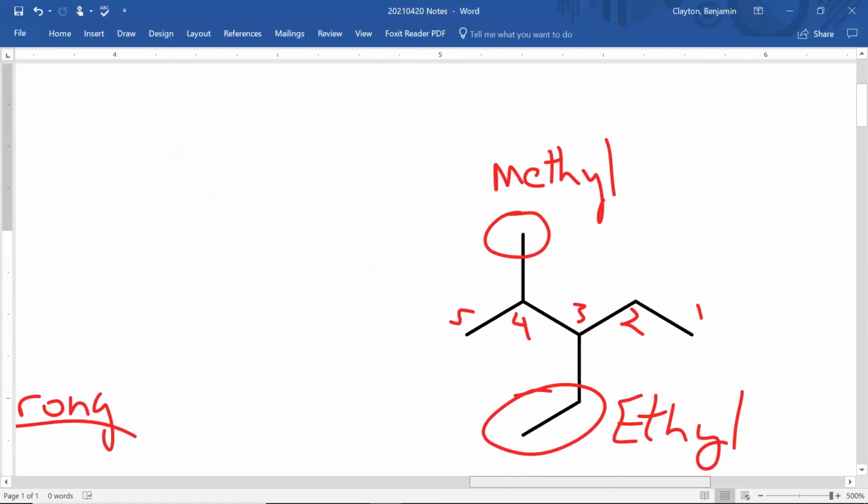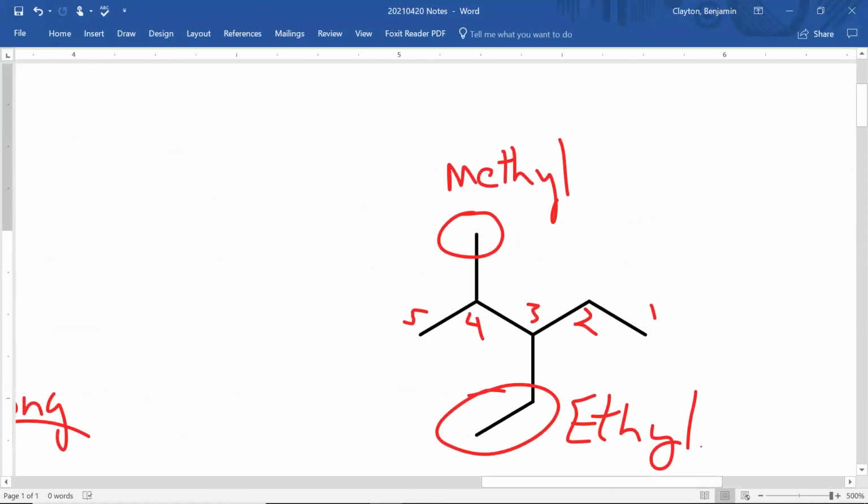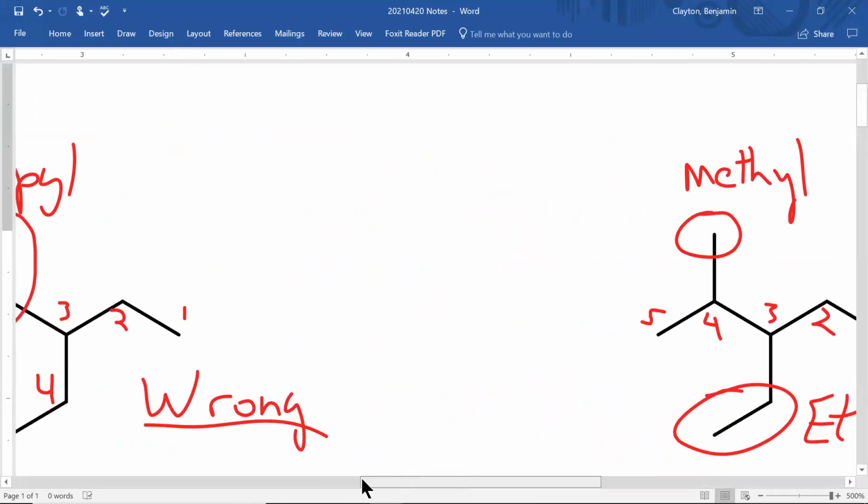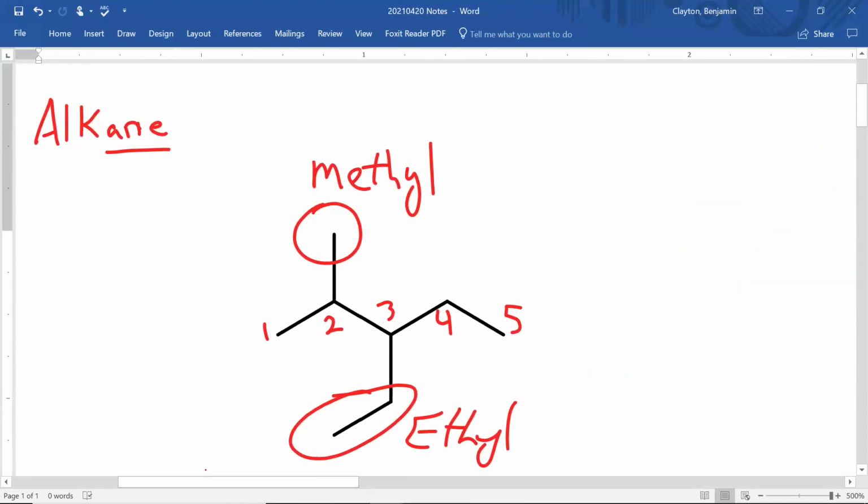And then on this one over here, we had it where the ethyl group had a number 3 and the methyl group was a number 4. So let's write that out. 3 and 4 versus the 2 and 3.